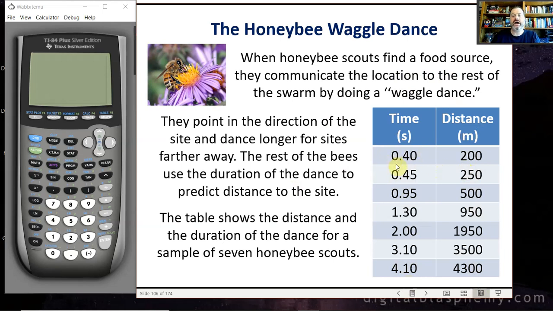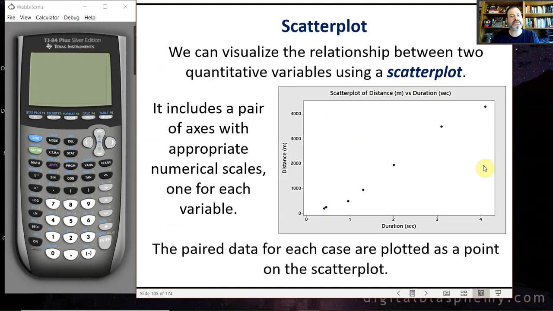So we're using the time to explain the distance. Why is the honeybee scout dancing for 4.1 seconds? Because the food is a certain distance away, right? The scout is telling the other bees where to go. So here's your first honeybee scout, second, third, fourth, fifth, and then here's the last one, right? Dances for 4.1 seconds, and the food is over 4,000 meters away.